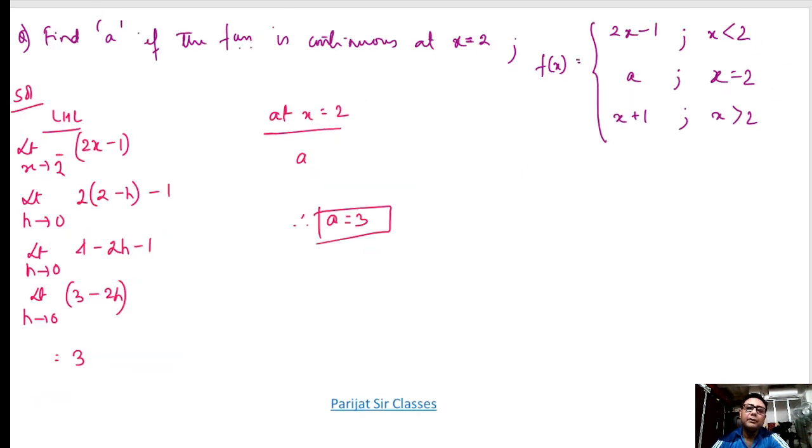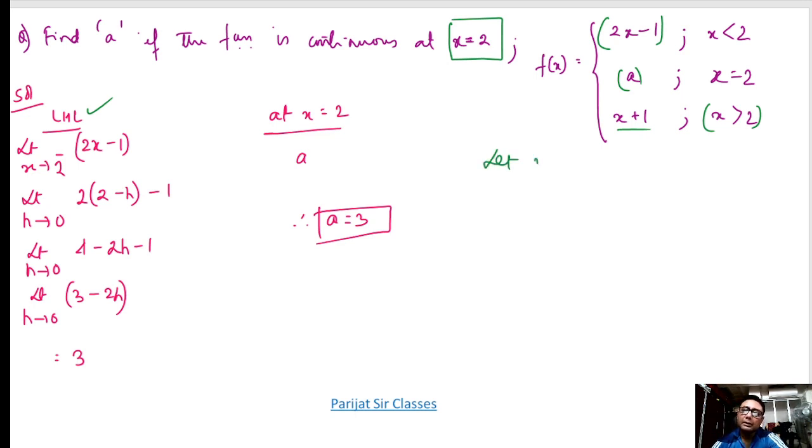Find a if the function is continuous at x equal to 2. So you are testing at x equal to 2. So let's see. For less than 2 they told that take this function. For equal to 2 they told take this function. For greater than 2 they told take this function. Okay. So let's test the left hand limit. So that means x tends to 2 minus.